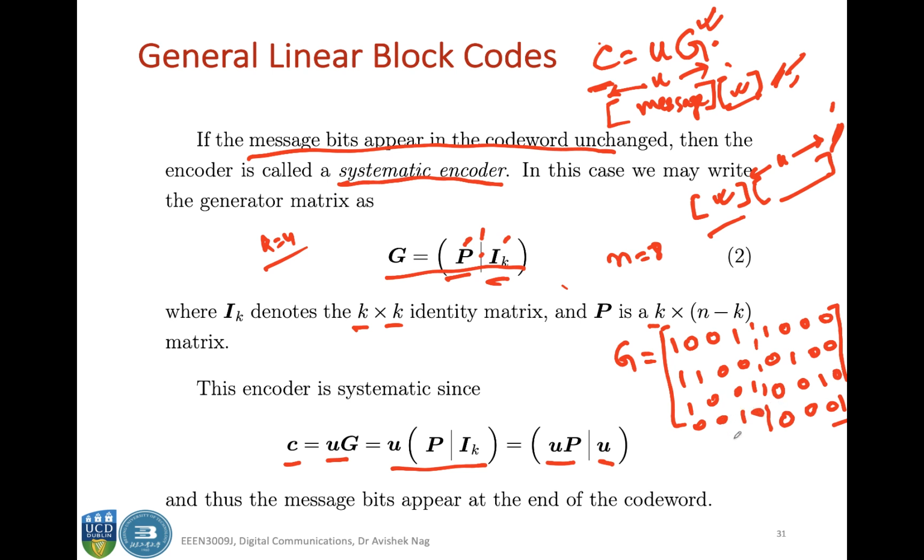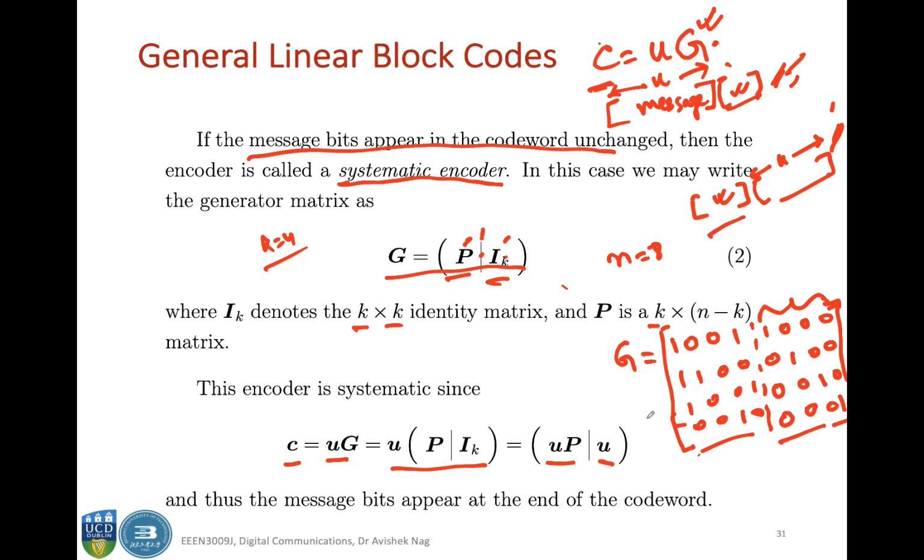Let's say, so this entire G matrix would look like this, where this part of the G is an identity matrix I_k, which is k cross k, and this part is a regular matrix of ones and zeros.